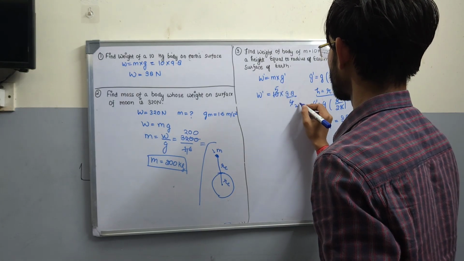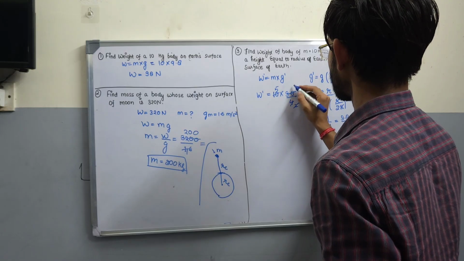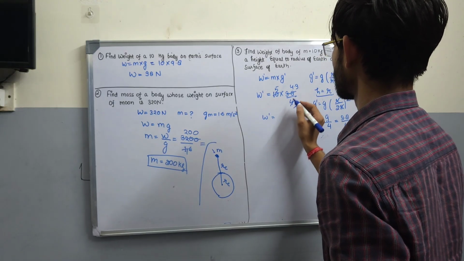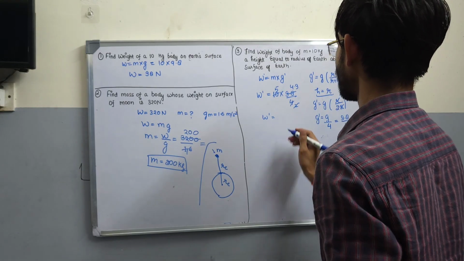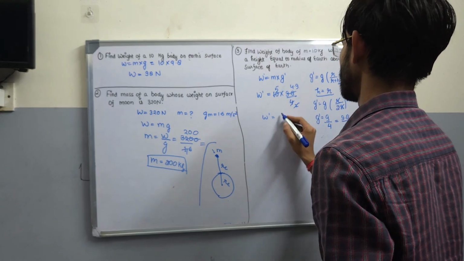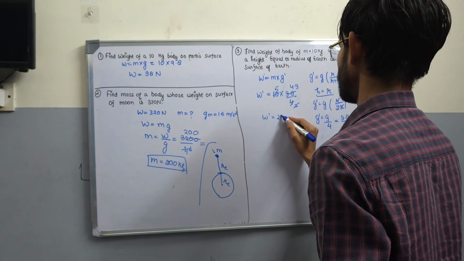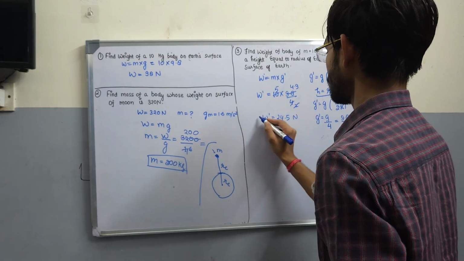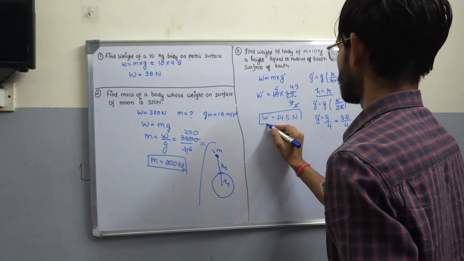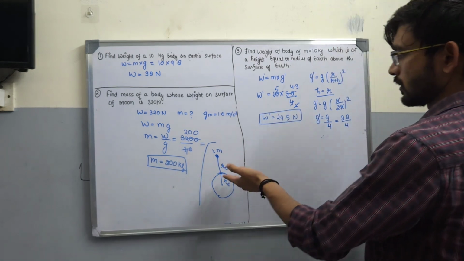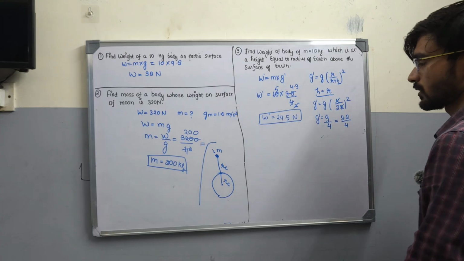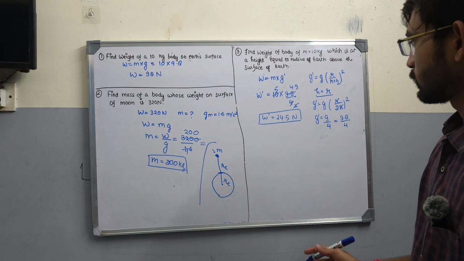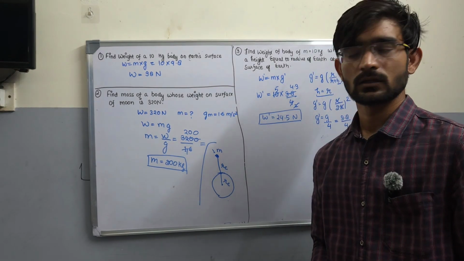This will be 24.5. So weight of that body at the height equal to radius of earth is 24.5 newtons.